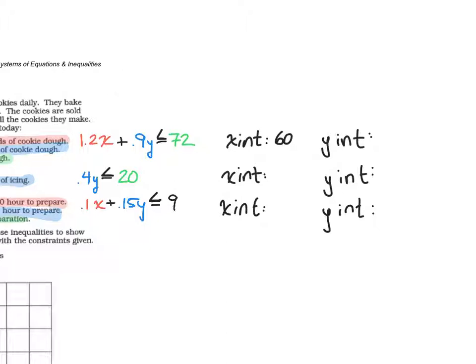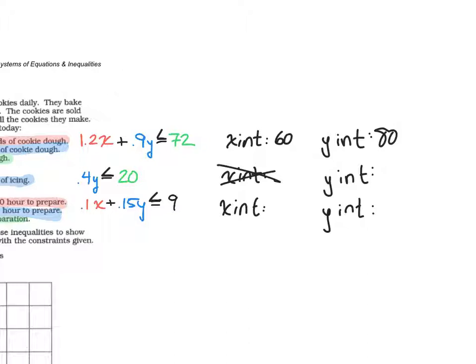So for the Y intercept, you cover up the X and divide. So 0.9 is getting divided into 72. All right, so it's really 72 divided by 9, which is 8, so 80. For the next one, the X-intercept is irrelevant because there is no X, so it's just a straight divide.